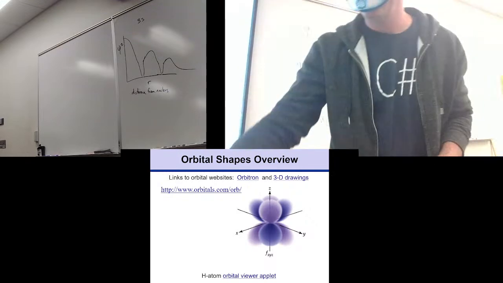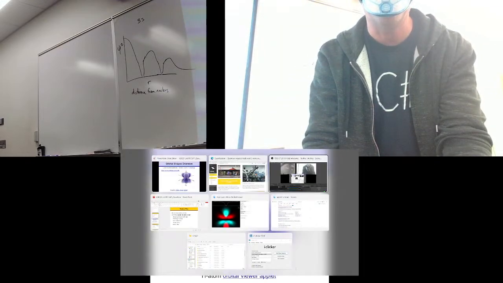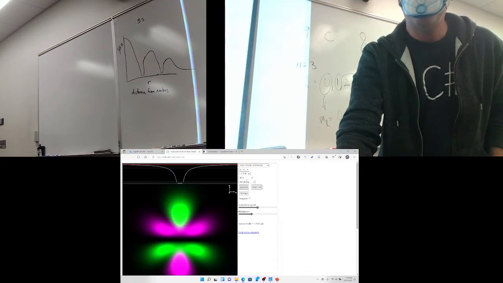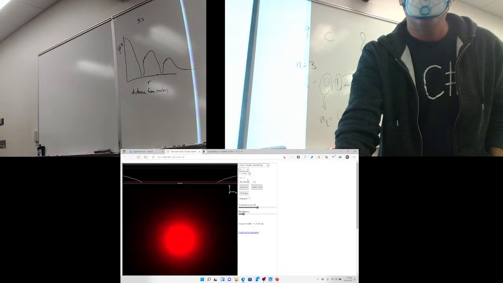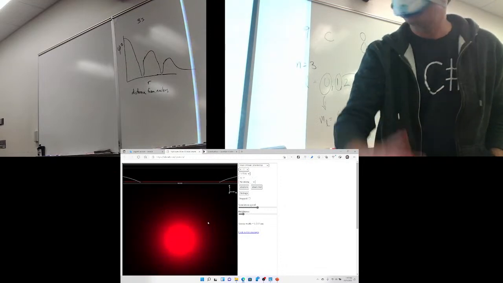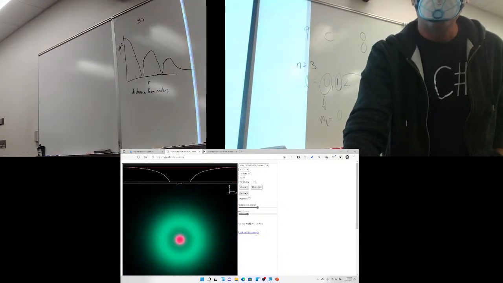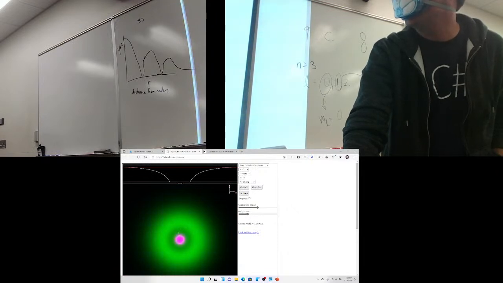I think that link still works, but the one I kind of found recently that works pretty well is this one. And you can actually plug in any energy level you want. So energy level 1, and there's our s orbital, and I think it's spinning right now. You can't tell, but it is. If I switch to energy level 2, there it is, and it's showing the node in between.